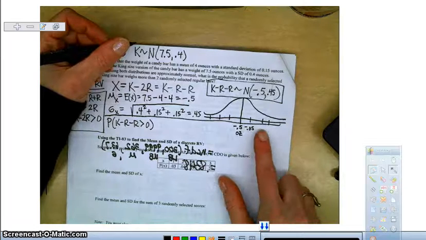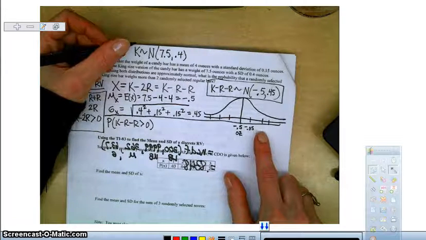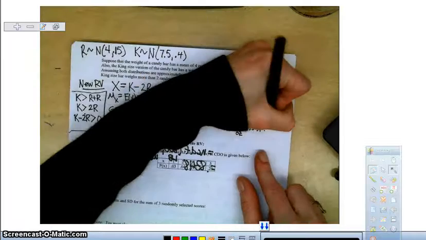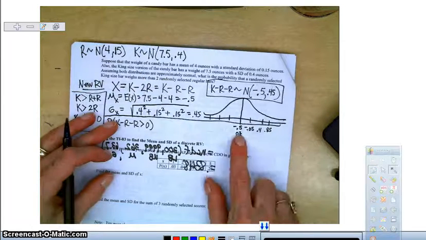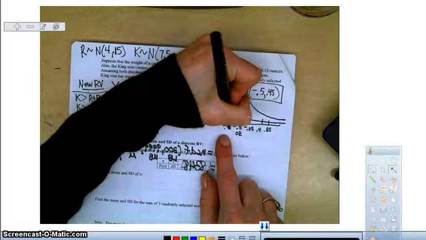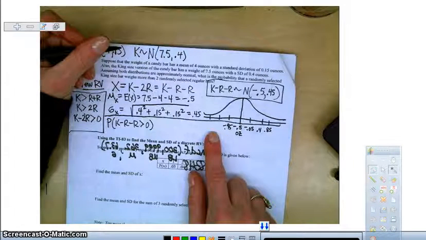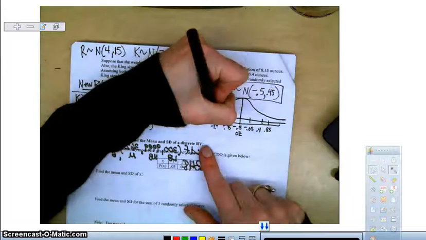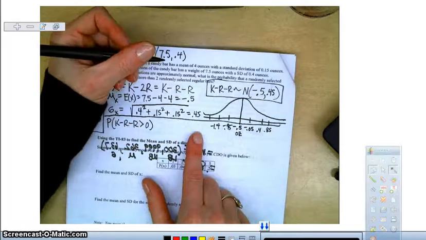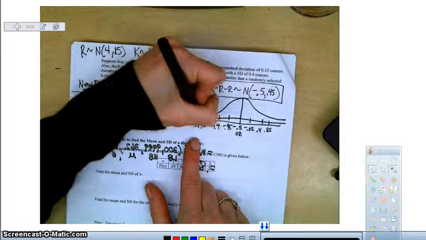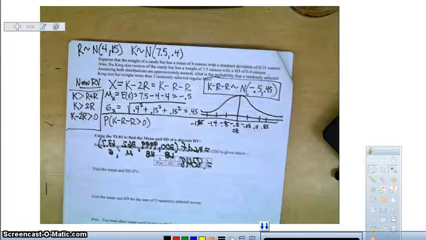Add 0.45 again to get 0.4, and then add 0.45 to get 0.85. Going the other way, negative 0.5 minus 0.45 is negative 0.95. Minus 0.45 again is negative 1.4. And then minus 0.45 again is negative 1.85. Okay, so there's our picture.